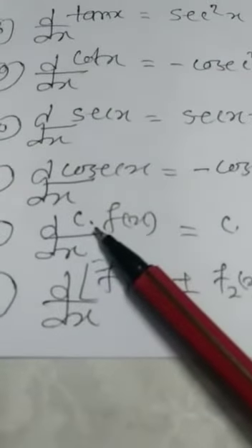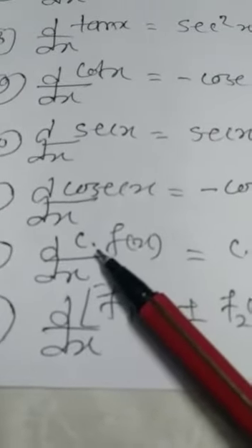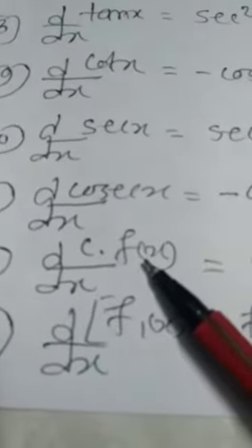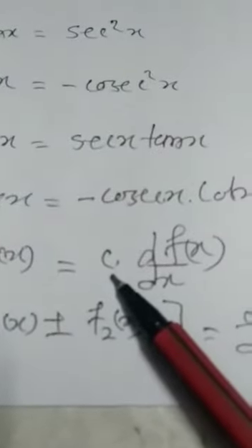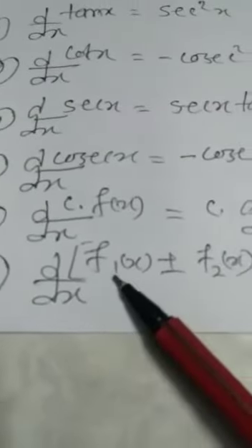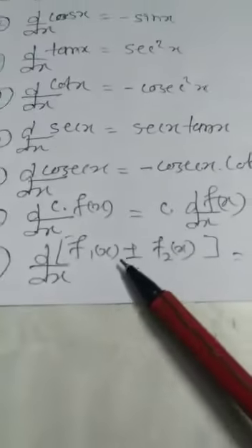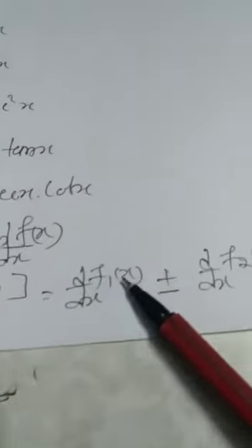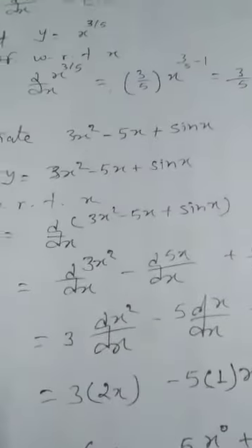Whenever any constant multiplier is there with an x function, it comes to the front as a multiplier and we differentiate the function of x. And whenever two or more x functions are separated by plus or minus, their differentiations will be separated. You can see this in this example.